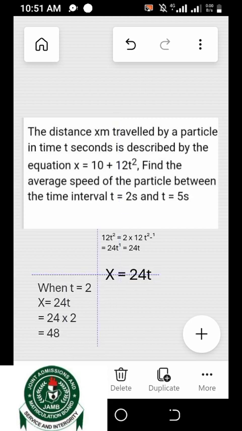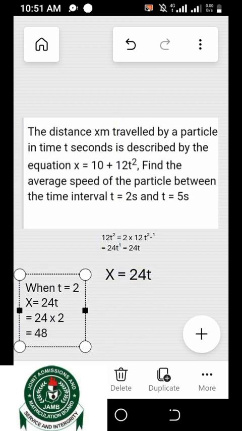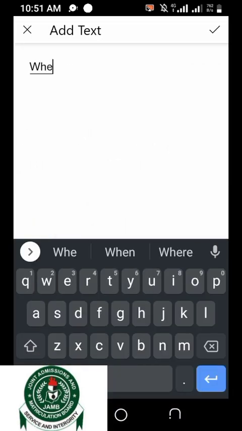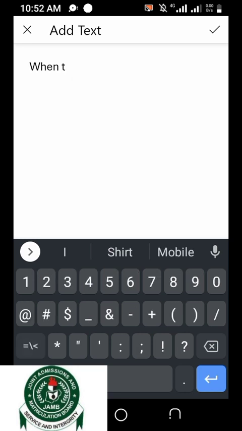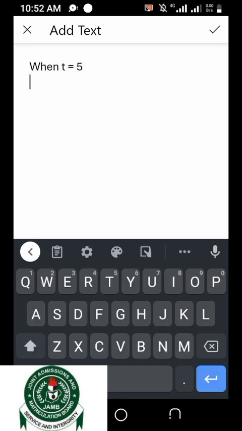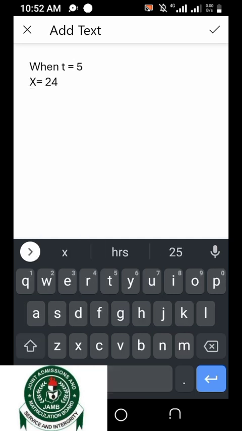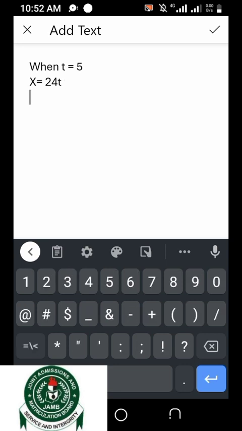So let's do this for 5 seconds too, because they say at the time interval. When t is equal to 5 seconds, our x is equal to 24t, so 24 times 5.